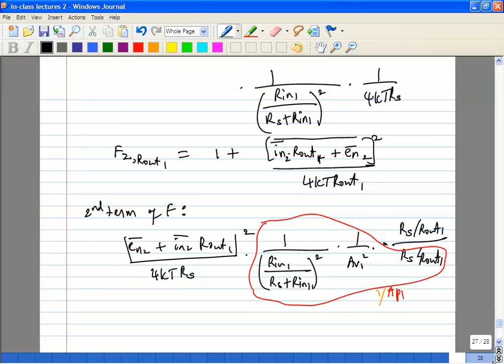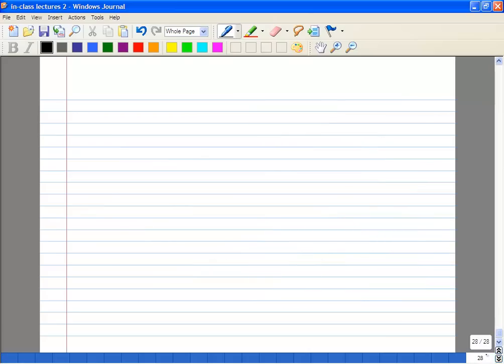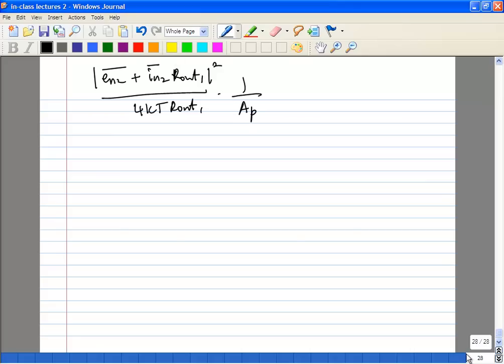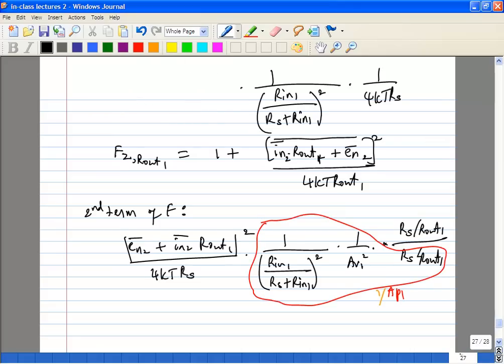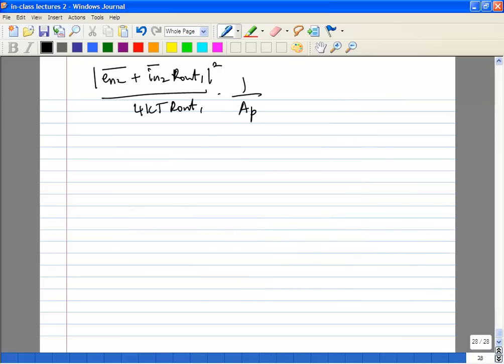So the second term now becomes... right, because now you have Rs over Rout1, this Rs gets cancelled, so you get Rout1 here.